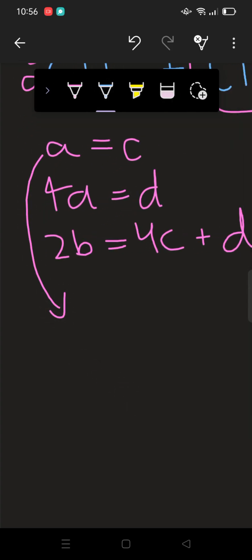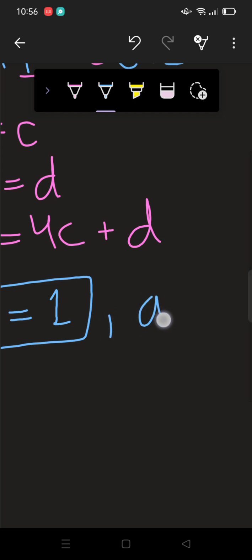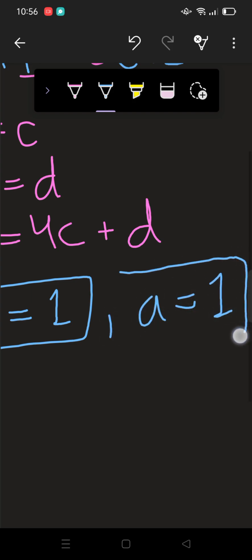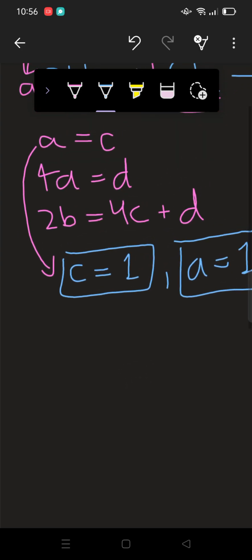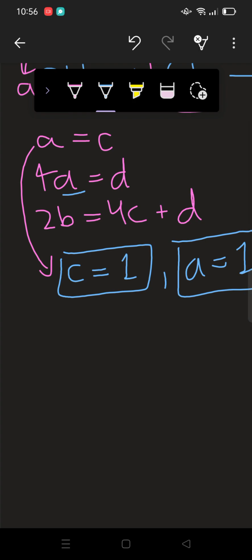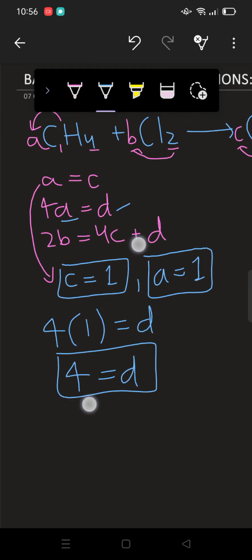If I put the value of A as 1, then C would automatically be 1, because A is equal to C, right? So I have got 2 values, the value of A and the value of C. Now I can put the value of A instead of A, and I can get the value of D too. So 4 times A, where A is 1, is equal to D. 4 ones are 4, so D is equal to 4. Now I have gotten the value of D as well.